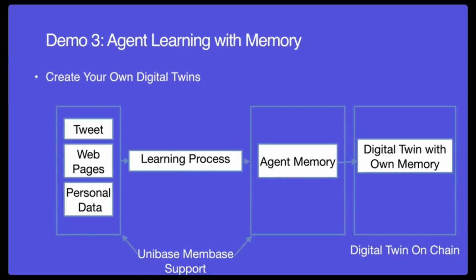These memories are stored persistently and can be continuously updated as you post new content. The result is a digital twin with its own memory that can be deployed on-chain. Other users can then interact with your digital twin, asking it questions as if they were talking to you. And if you choose, your digital twin can be tokenized and even participate in the agent marketplace.